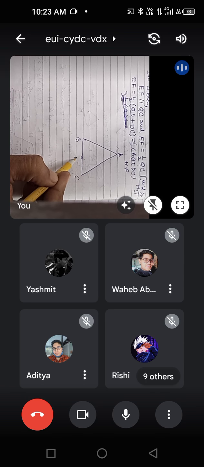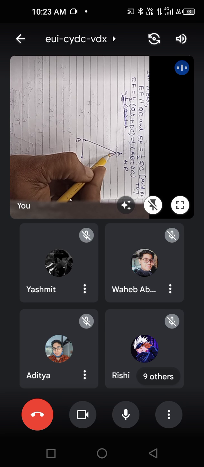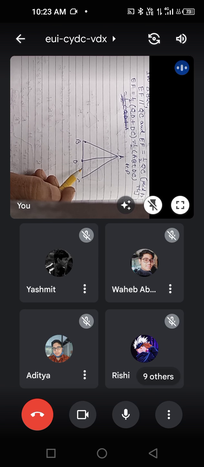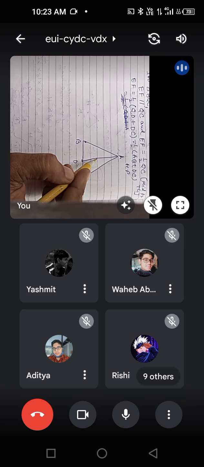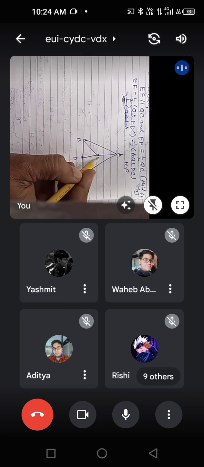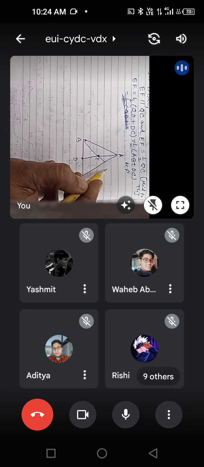This is D. Median means the midpoint of the side joined with the opposite vertex. It says E is the midpoint of the median AD, and this is extended here. It meets here at F.